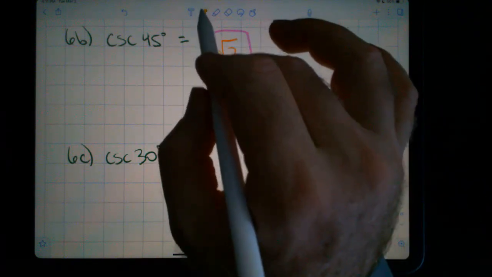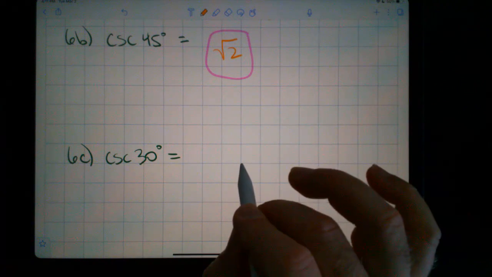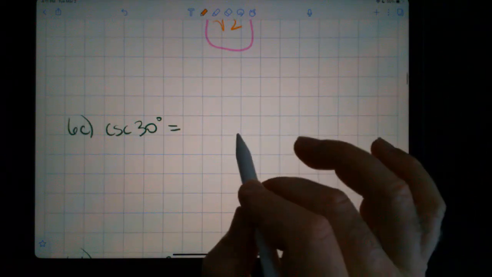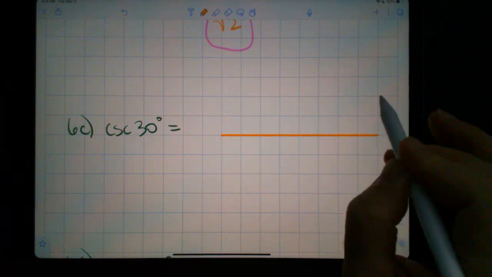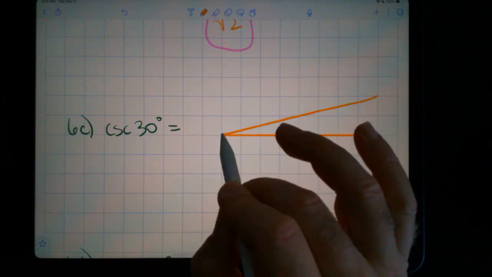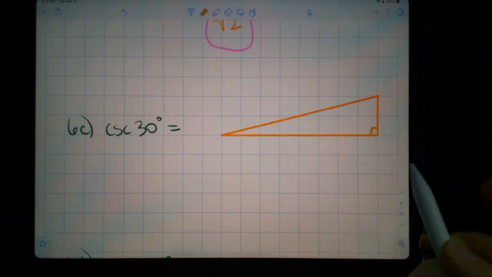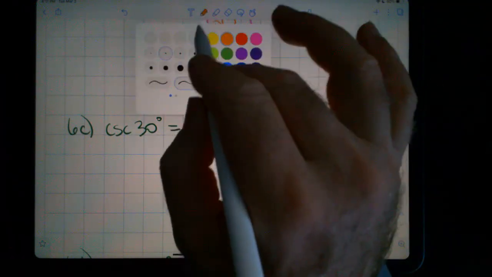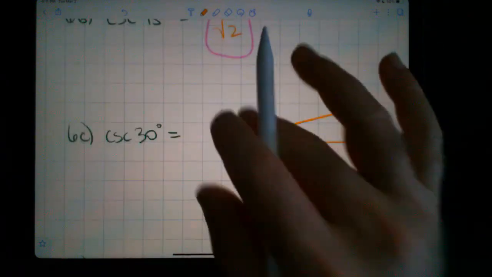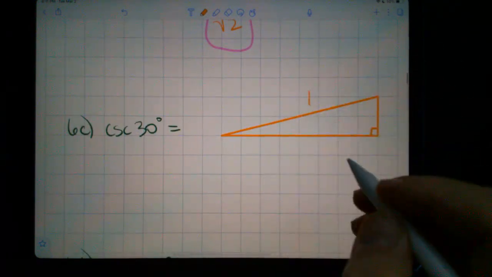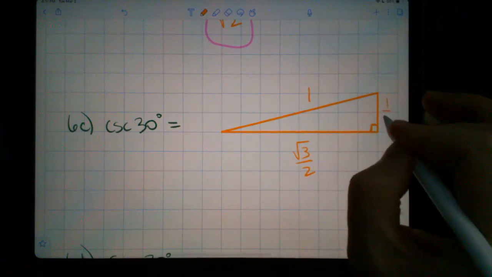Cosecant of 30 degrees. So with these, I draw the triangle long and pointy to really emphasize that 30-degree angle. So if your hypotenuse is 1, the long side is going to be radical 3 over 2, and the short side is going to be 1/2.